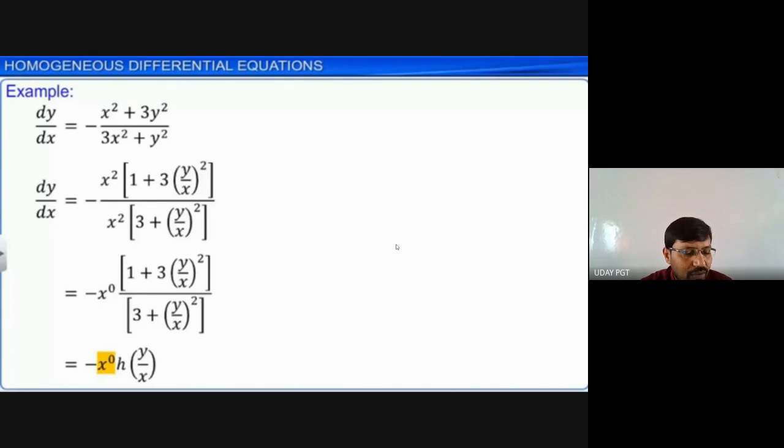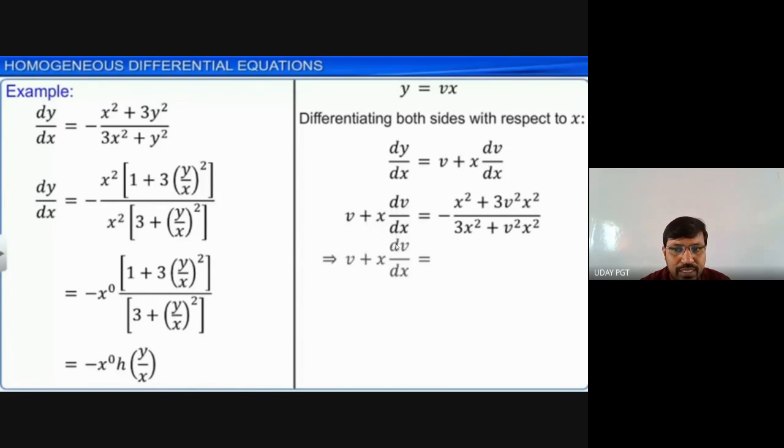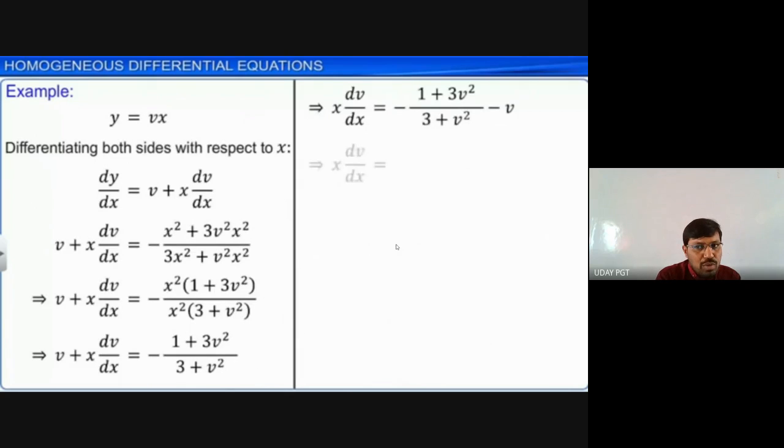When you take y equals vx, we get dy by dx equals v plus x into dv by dx. When you resubstitute those values in the given differential equation, we get an equation in terms of v and x.